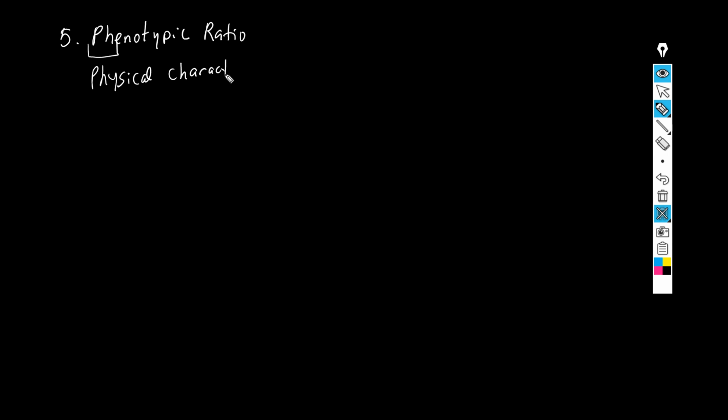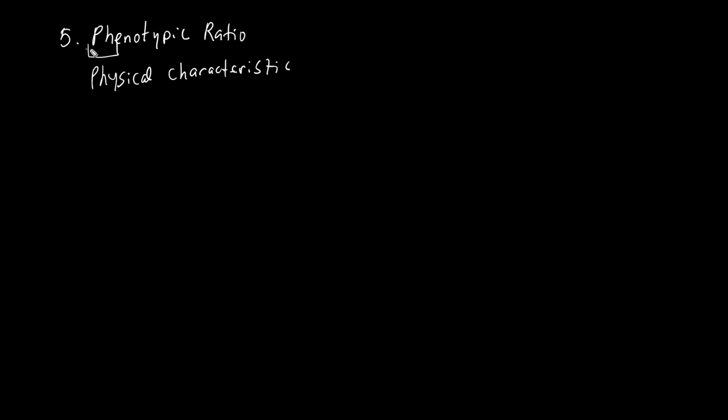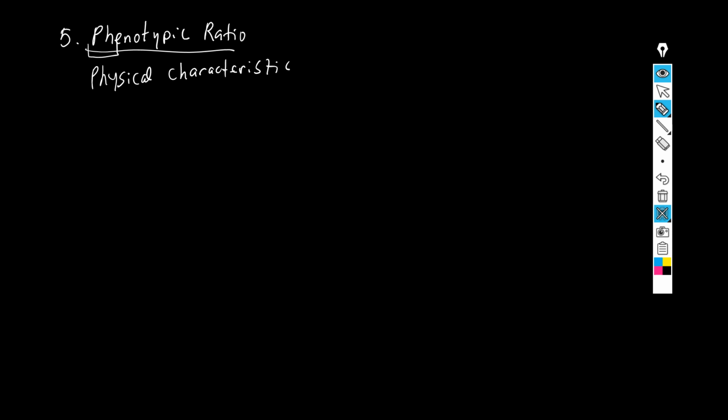Last step. Step 5. Phenotypic ratio. Here I'm going to give you an alphabet analogy. For phenotypic ratio, we are looking at the physical characteristic. Whenever we talk about phenotype, we're talking about what we can actually see. So we can't see the genotype.